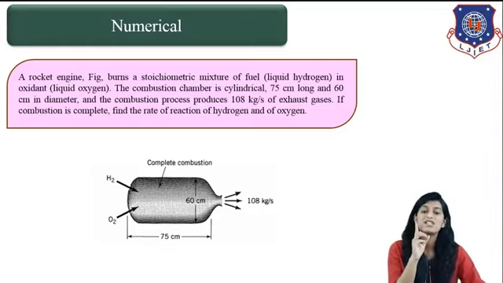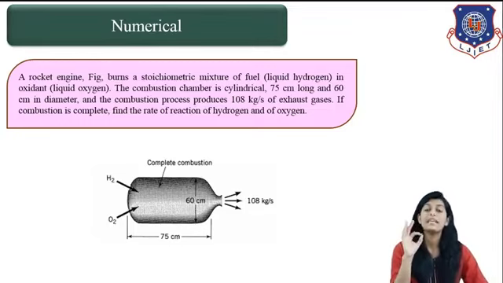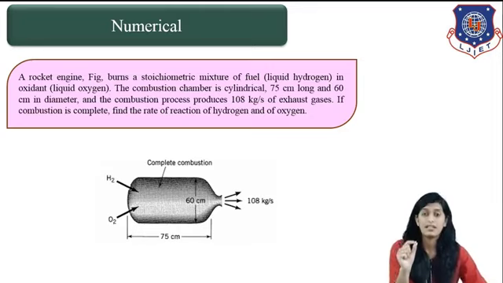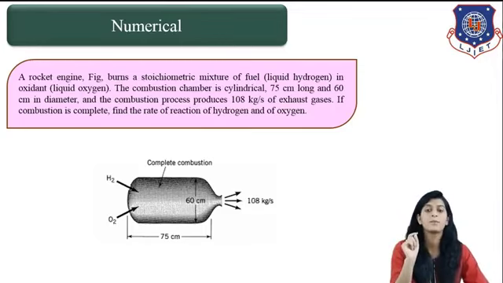This is the mass flow rate. We must understand how we need to address the numerical. We need to see the units to know what kind of value is provided to us. Kg per second is mass per unit time, so it is the mass flow rate which is given to us. 108 kg per second is the amount of gas which is being produced.